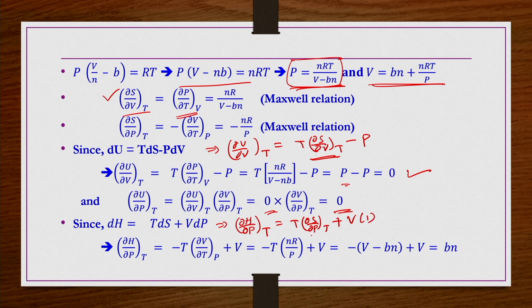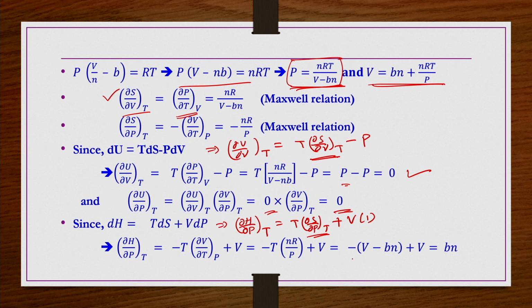But this ∂S/∂P at constant T is nothing but minus ∂V/∂T at constant P, that is minus nR/P, multiplied by T, plus V is here.